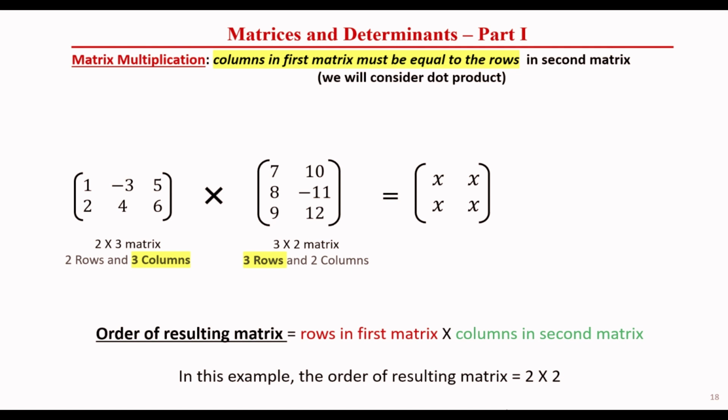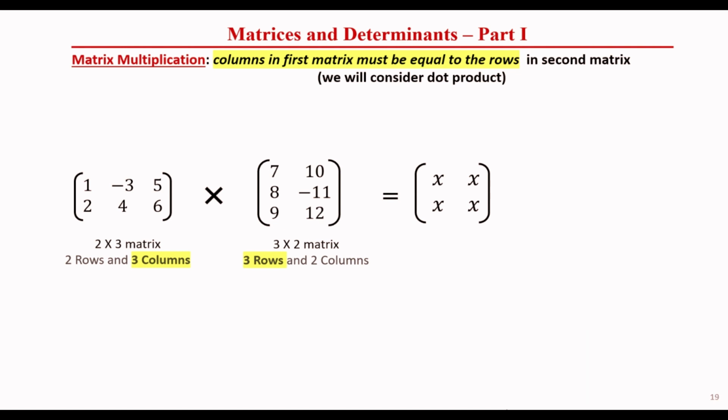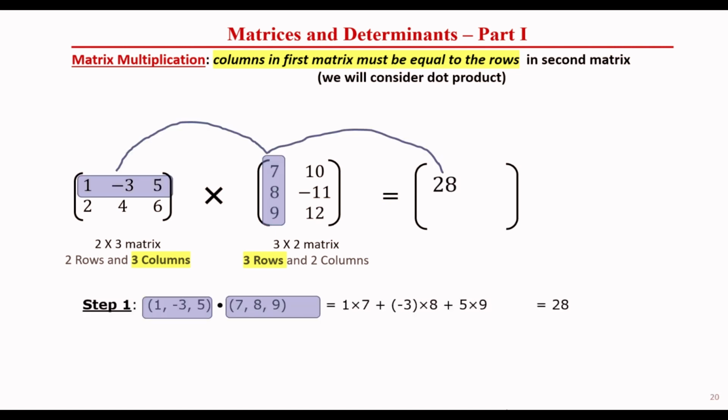Okay, now let's do the actual multiplication of these two matrices. Whenever we are doing the multiplication, we always go from rows to columns. So step 1, we take the first row from the first matrix and multiply it with the first column of the second matrix, and the result is 28.